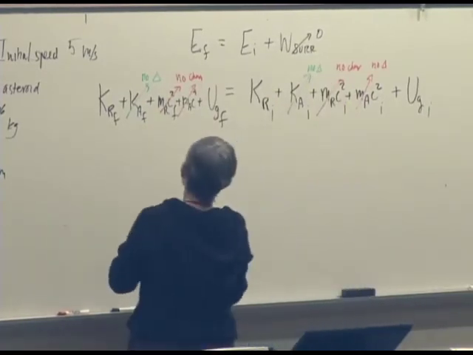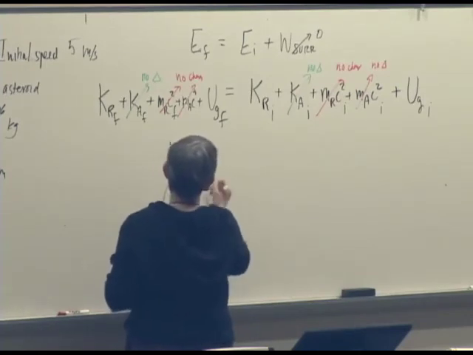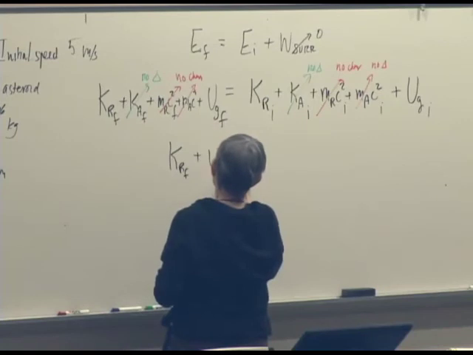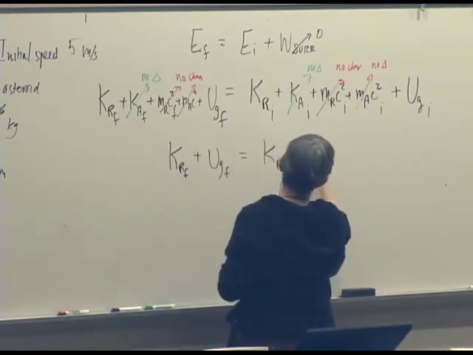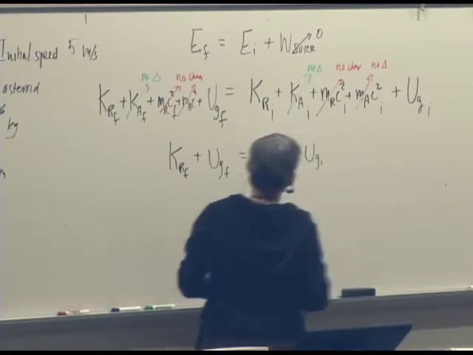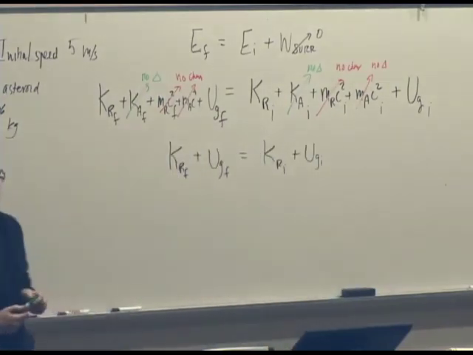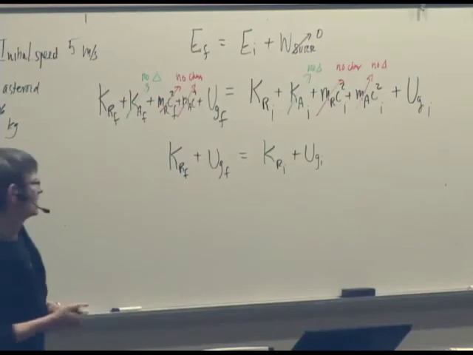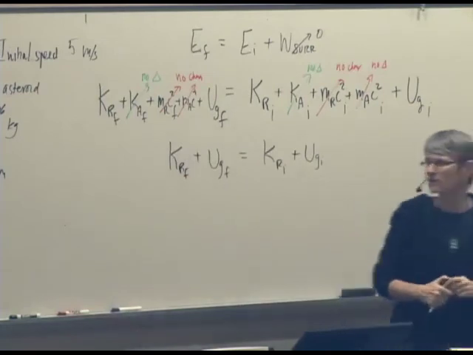So now we've actually got a kind of a simpler equation. We have the final kinetic energy of the rock plus the final gravitational potential energy, equals the initial kinetic energy of the rock plus the initial gravitational potential energy. Where's our unknown? What are we looking for?